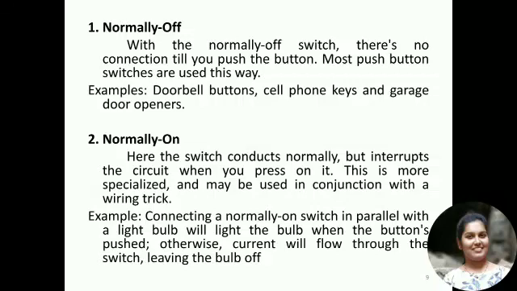Otherwise, current will flow through the switch, leaving the bulb off. Okay, so this is the normally on type of switch. That is, the switch conducts normally until it gets interrupted by another press.